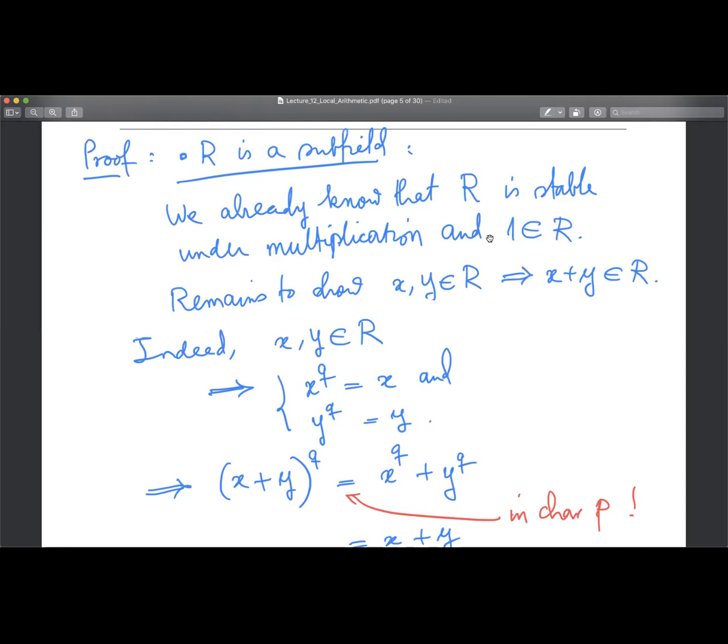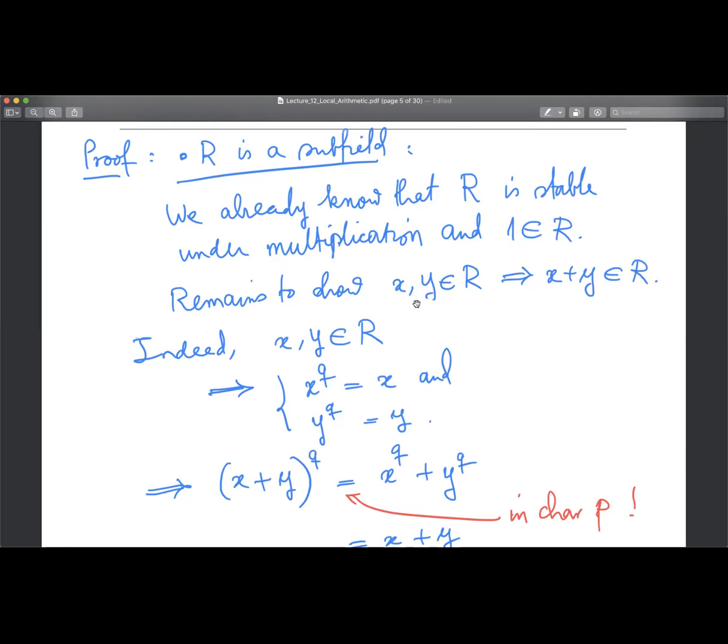I don't remember the terminology, but the idea is that this field K has the additive group, but there's also the multiplicative monoid structure as well. So R is a submonoid of the multiplicative monoid. So what we need to show is that it's a subgroup of the additive group.